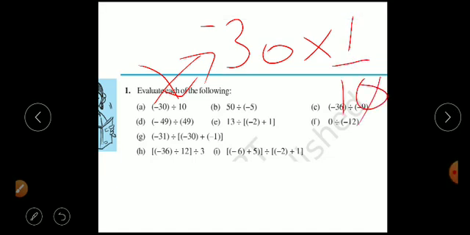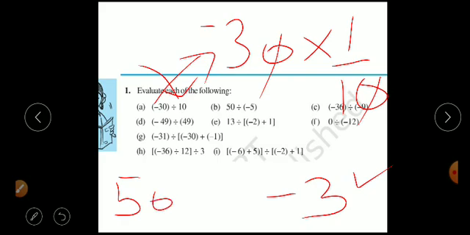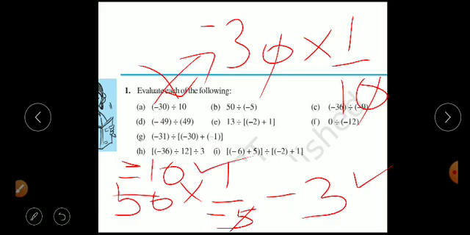Here 0 will cancel out and the result will be minus 3. Similarly 50 divided by minus 5: in the division we will multiply like this, 1 divided by minus 5, this will go into the denominator. 5 into 1 is 5, 5 into 10 is 50. Here minus is there, so minus 10 is the answer. You can solve the remaining.